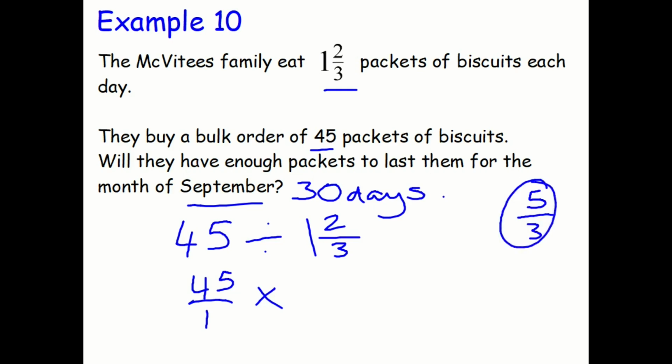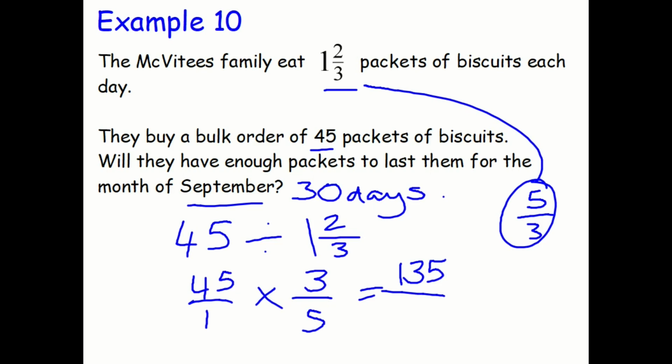Just remember that. That is 5/3, so the flip of it would be 3/5. Then multiply across the top. 45 multiplied by 3 is 135. And 135 divided by 5 is 27. So 45 packets of biscuits would only last them 27 days.